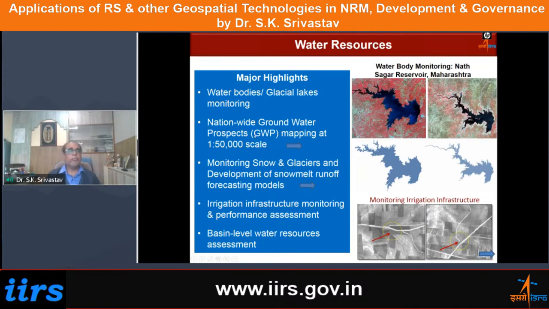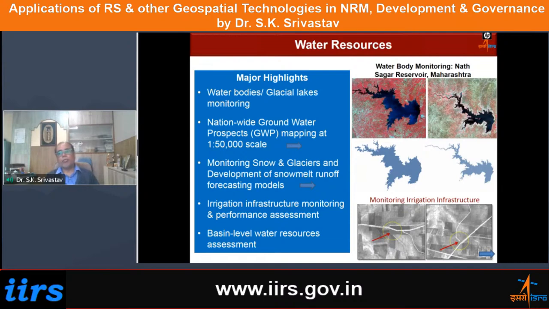Then the second bullet in this slide is on groundwater prospects mapping. As you may be aware by now, since you have attended the basics of remote sensing, GIS and the GNSS technology, remote sensing data, even if you have the SAR data, synthetic aperture radar data, microwave remote sensing images, you basically get the surface or near surface information.